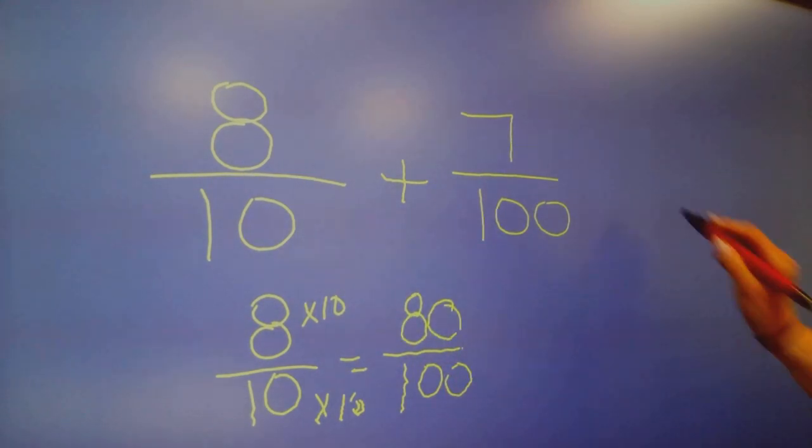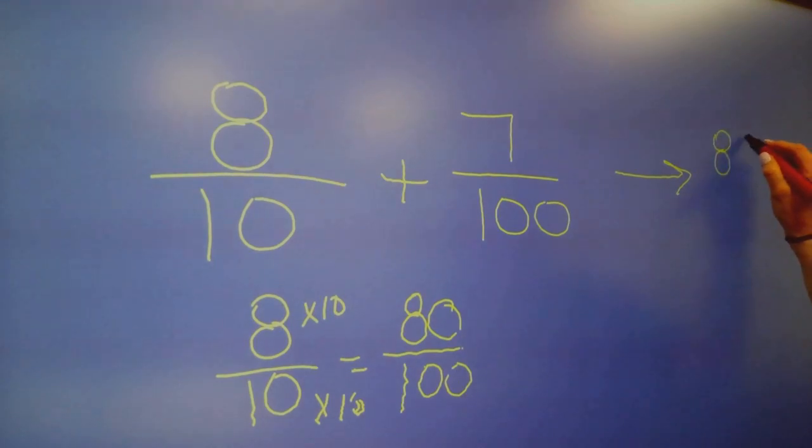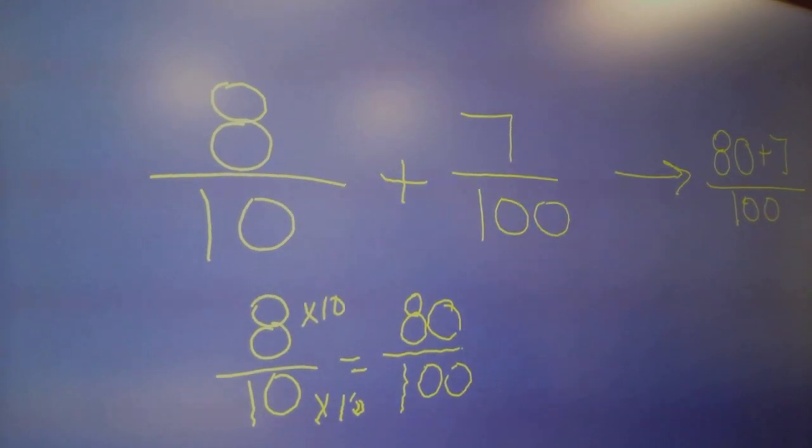So I'm actually going to be adding 80 plus 7 over 100, which is?